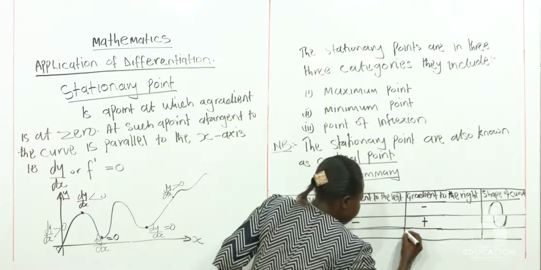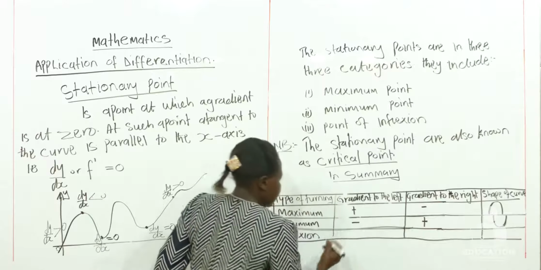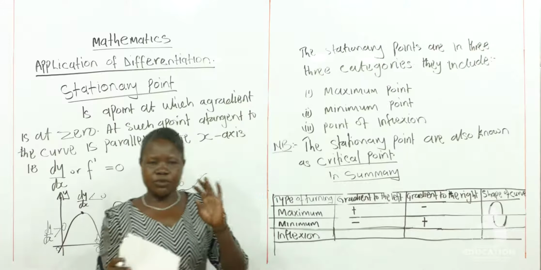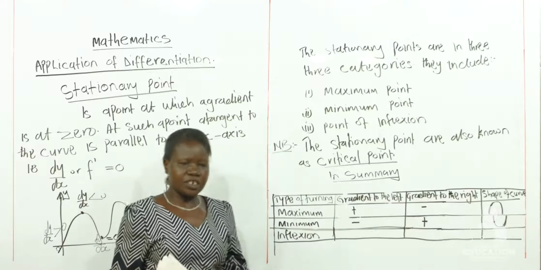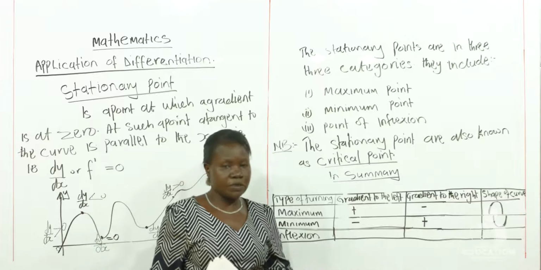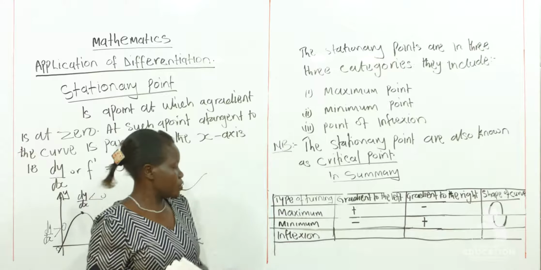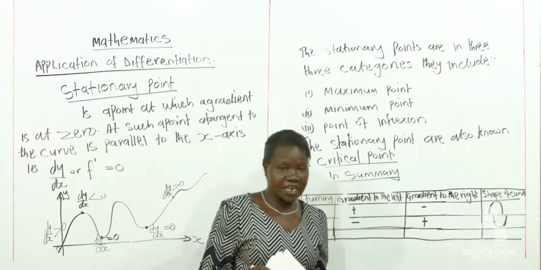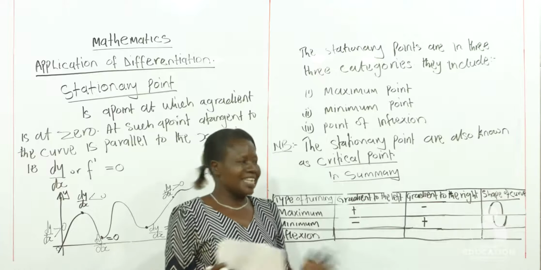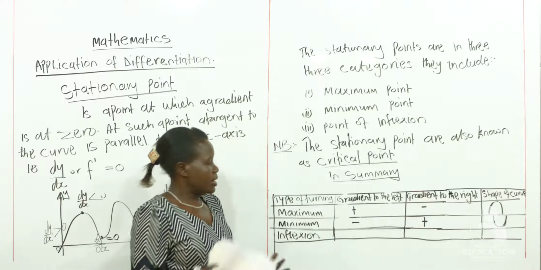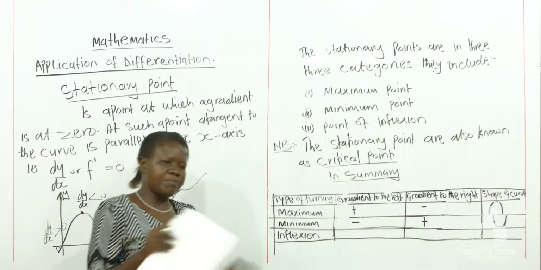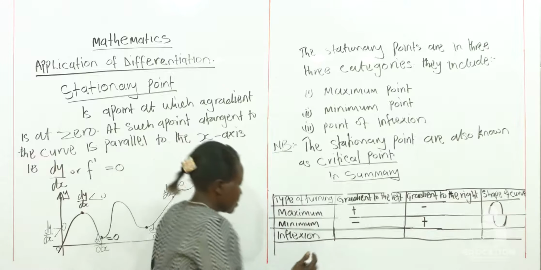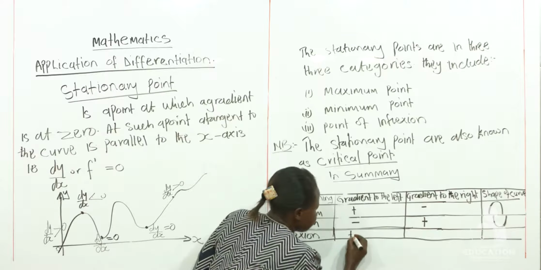So for inflection, it is in two ways. Sometimes you may find right is positive, left is also positive, and then you may also find right is negative, left is also negative. So you find that in that kind of change, things are a bit balanced. It may be positive throughout, or it may be negative throughout. So here you will find it is positive.